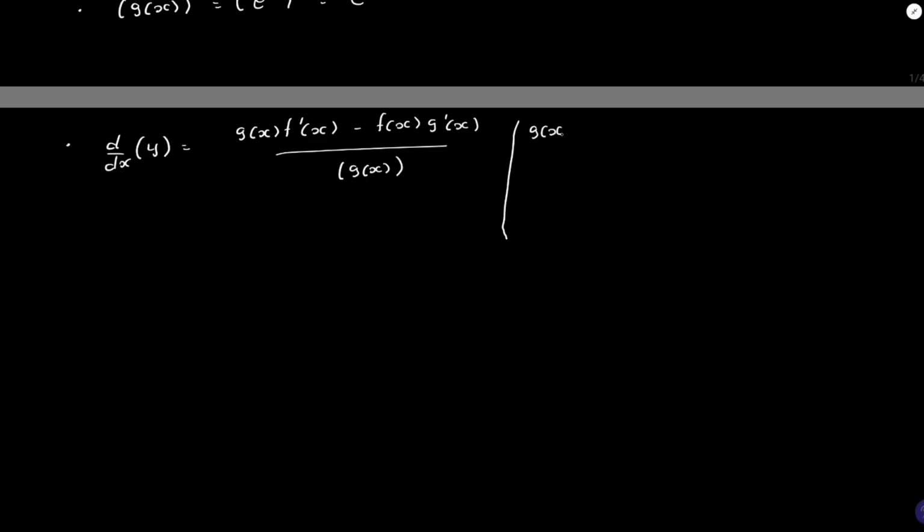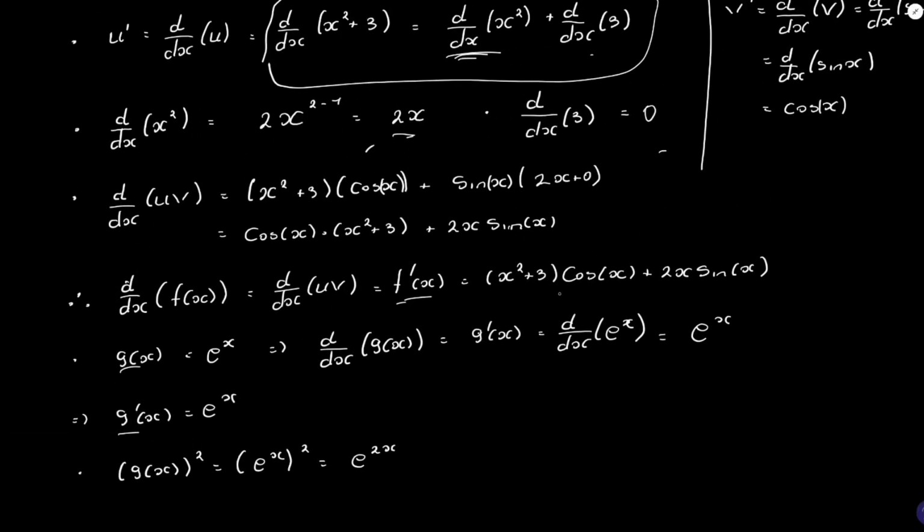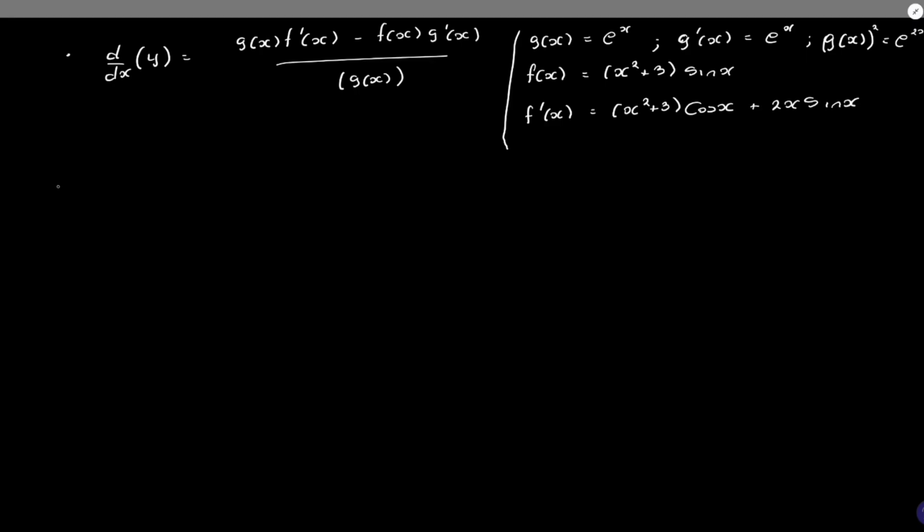We notice that g of x is the function e of x, g prime of x is e to the x, g of x all that squared is the function e to the 2x, f of x is the function x squared plus 3 times sine of x, and f prime of x is the function x squared plus 3 of cos of x plus 2x of sine of x. So we can then substitute.